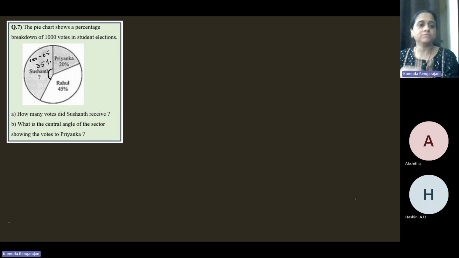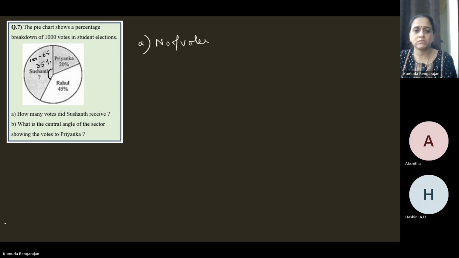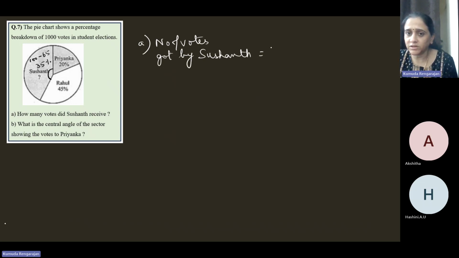The pie chart shows a percentage breakdown of 1,000 votes in student elections. How many votes did Sushant receive? Number of votes got by Sushant will be, what is the percentage for him? 35% by 100, because for percentage, what is the total? 100.